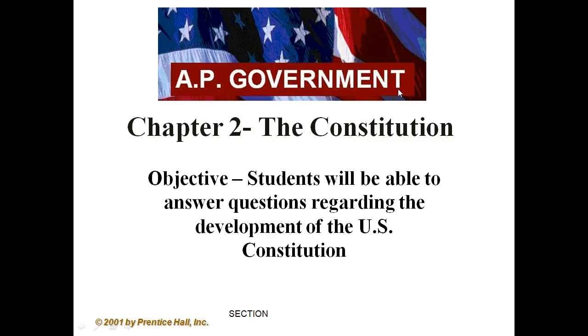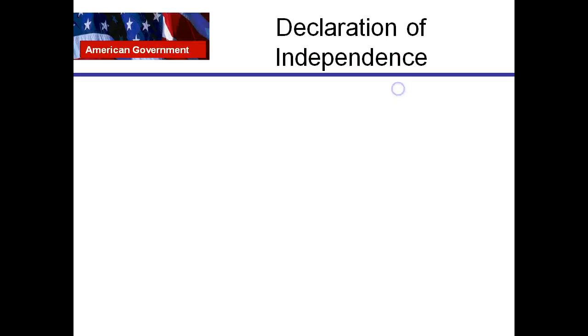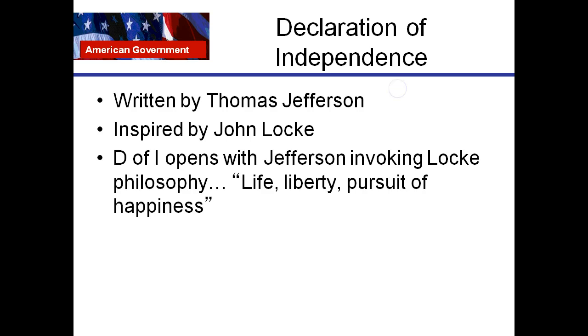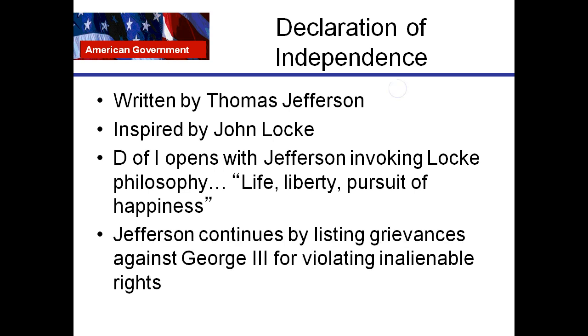So previous to the Constitution, in 1776, you had the Declaration of Independence. Of course, the primary author of that document was Thomas Jefferson, and he was inspired by the works of John Locke. The Declaration of Independence opens with Jefferson invoking Locke's philosophy of life, liberty, and the pursuit of happiness.